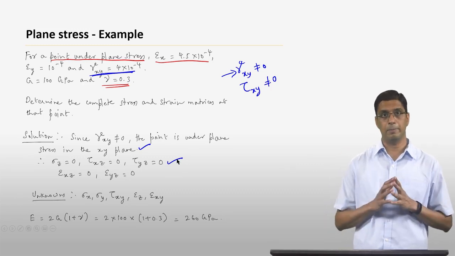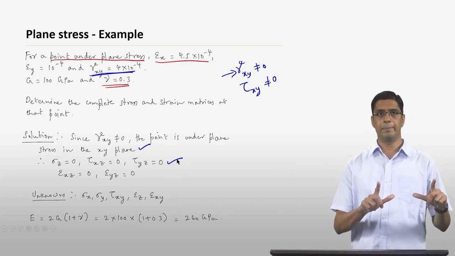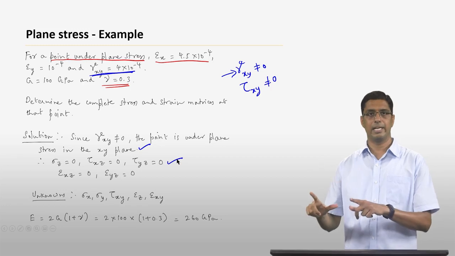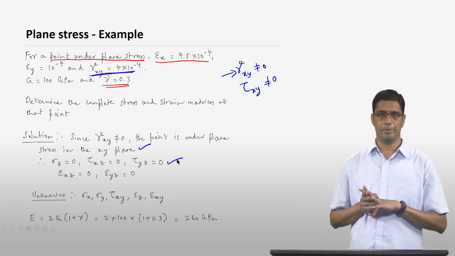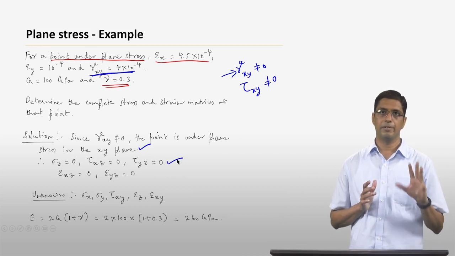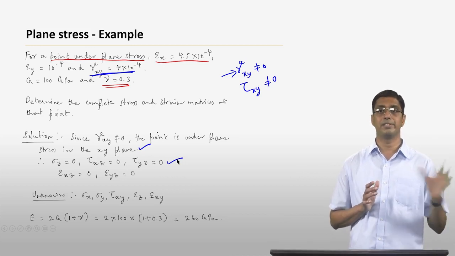So if you think about this problem, you have 6 independent stress components and 6 independent strain components. We were given 3 strain components, and now we have determined another 5 stress and strain components.